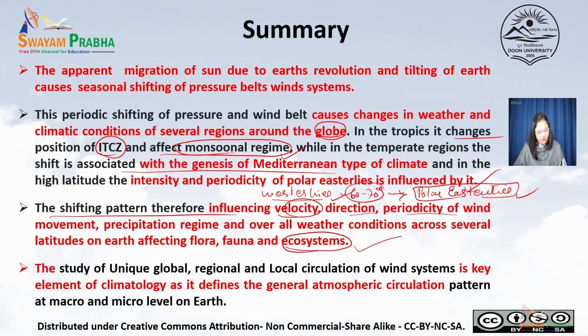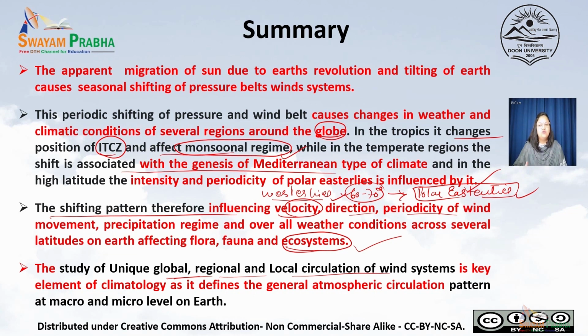Therefore, the study of wind circulation at global, regional, and local level is very, very important, and it is the key element of climatology because it defines the general atmospheric circulation pattern at the macro level and even at the micro level on Earth.